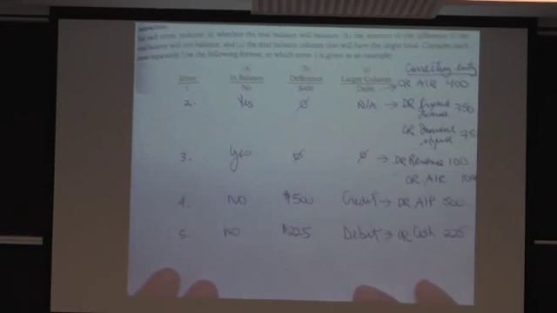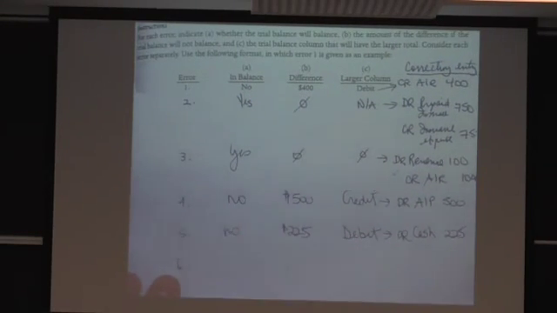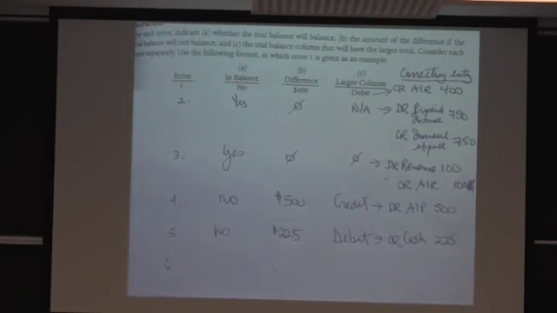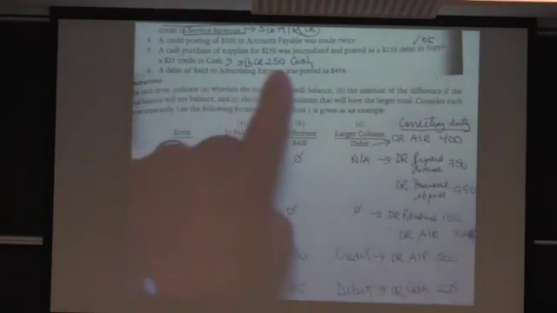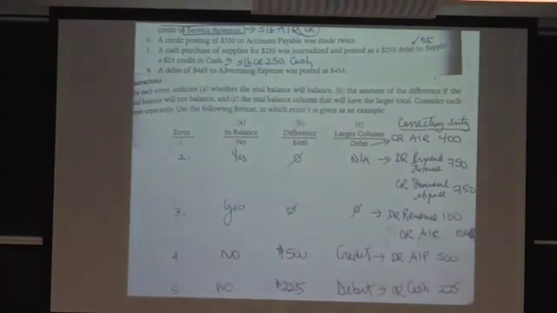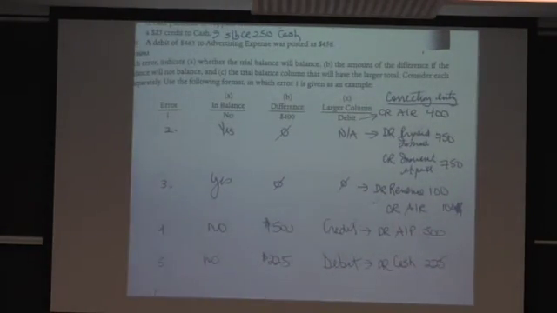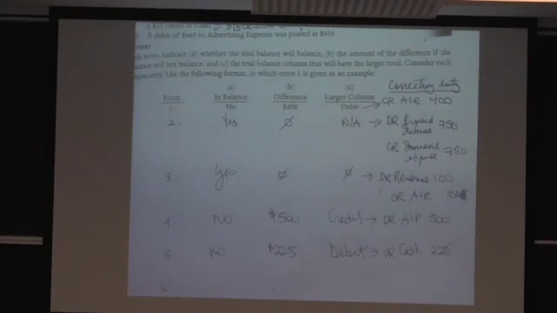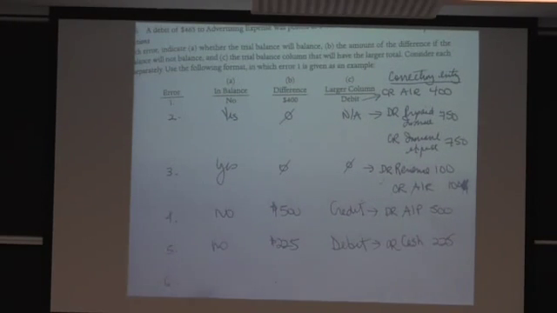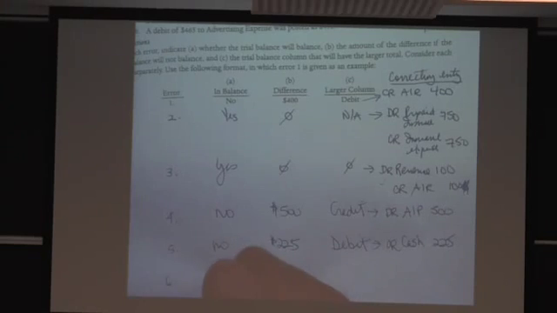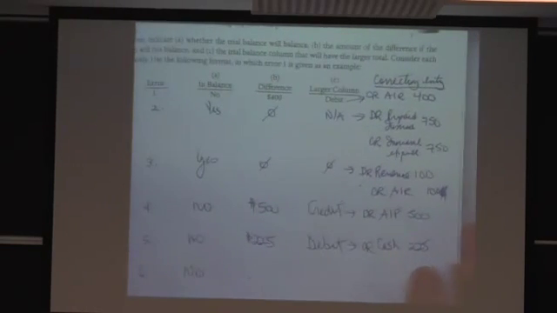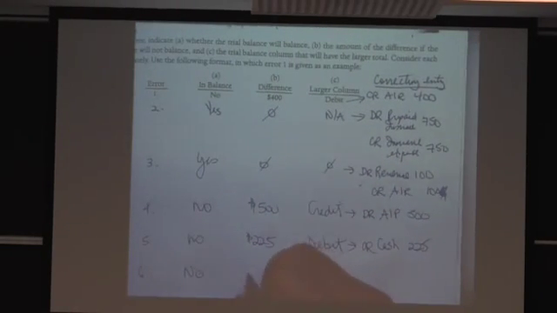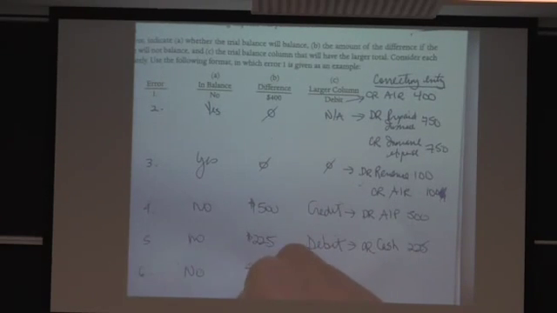Okay? And finally, number 6, a debit of $465 to advertisement was posted as $456. This is what we call a transposition error. So therefore, it's not going to balance, and the difference is going to be the difference between $465 minus $456, which is $9.